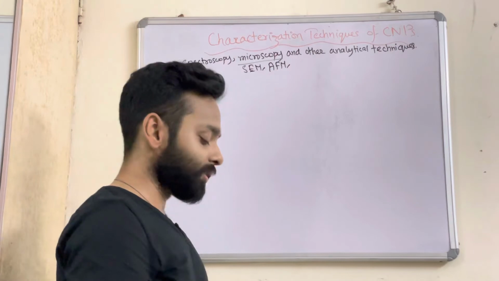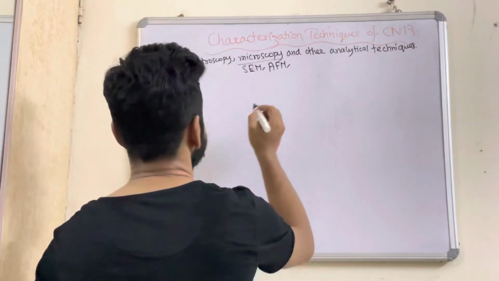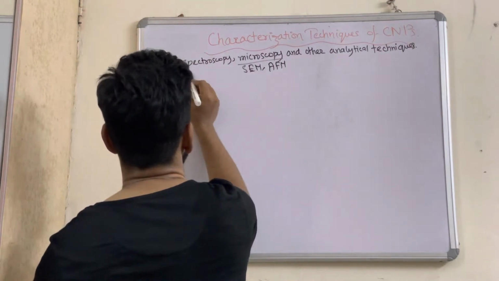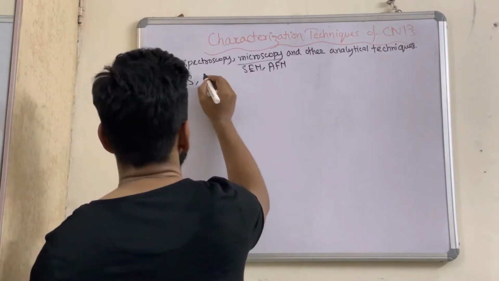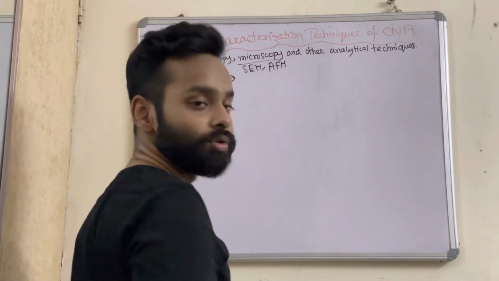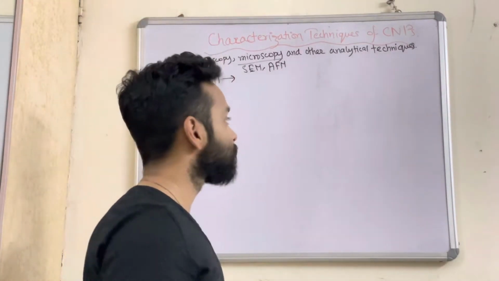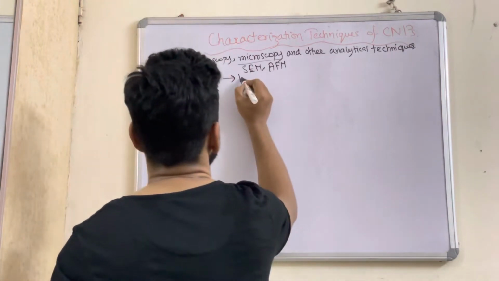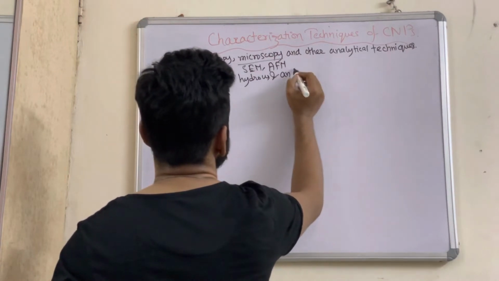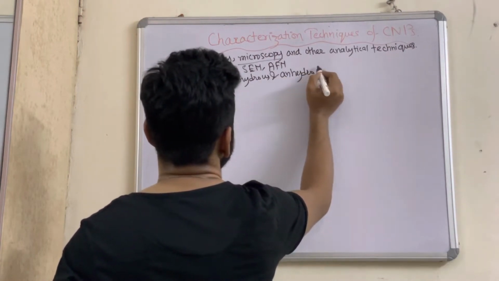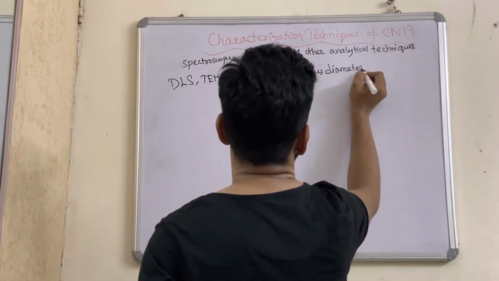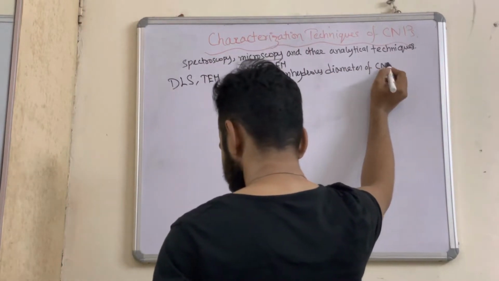So other techniques such as dynamic light scattering, so the DLS, and transmission electron microscopy, TEM, can be used to determine the hydrous and anhydrous diameter of carbon nanoparticles.